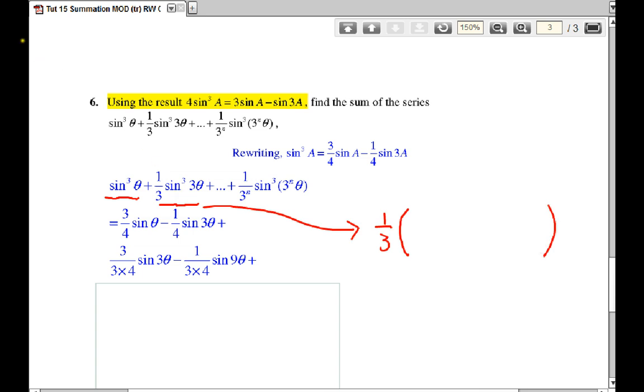What is sine cube 3 theta? Because I know what is sine cube A. So therefore, it will be 3/4 sine 3 theta minus, sorry, no space, 1/4 sine. Now, recall A is 3 theta, so 3A is 9 theta.